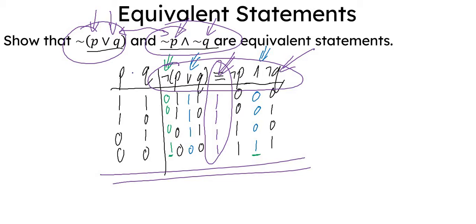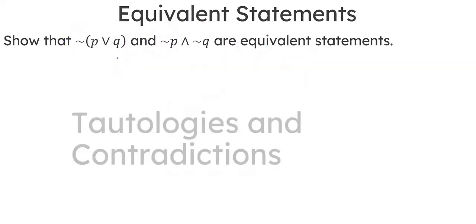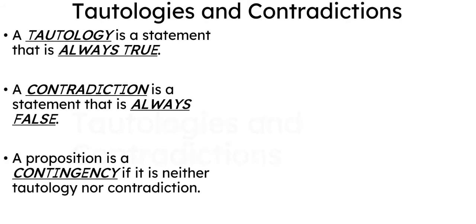And those statements would have a specific name. And there are also statements that are always false no matter what these values would be. And that's what we're going to now define: tautologies and contradictions.